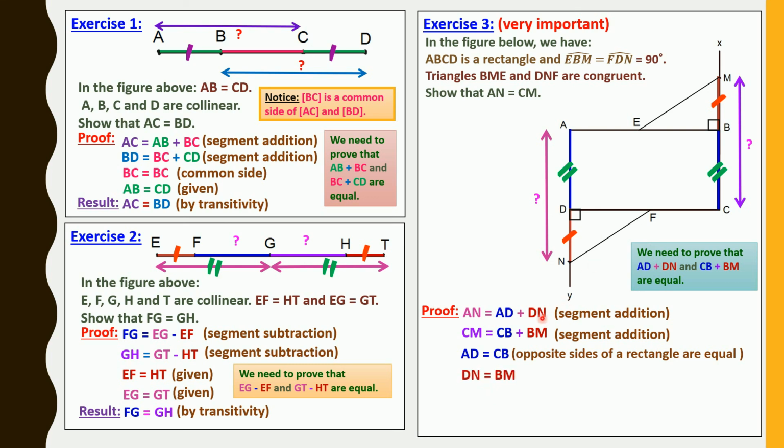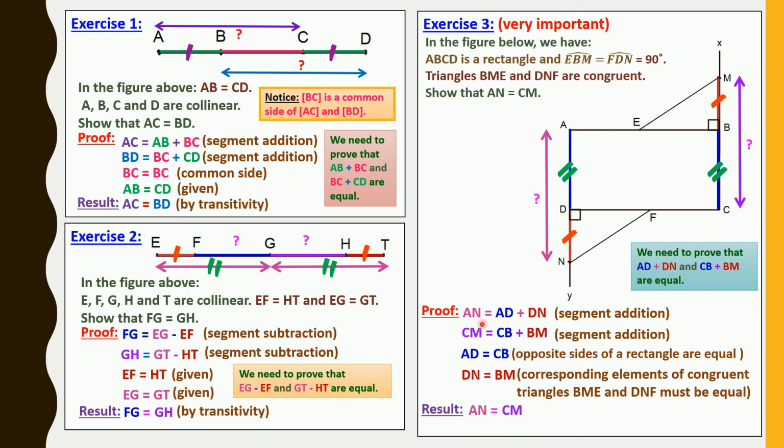And also DN equals BM because they represent two corresponding elements of these two congruent triangles that is given to us. Corresponding elements of congruent triangles BME and DNF must be equal, and as a result, segment AN equals segment CM by transitivity. This is the end of our video part 7.